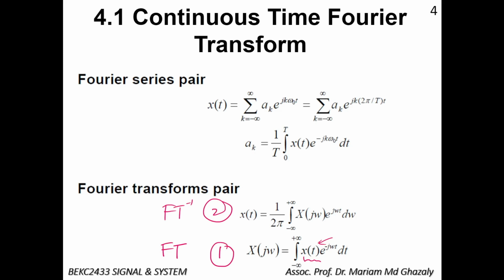It's given by the integration from minus infinity to infinity of x(t), whatever value you have, a constant value or random value, inserted here, times e to the minus j omega t dt. The difference from the Fourier series pair is that you have k. For Fourier transform we don't have that because you are not going to find the Fourier series coefficient. We're going to directly use this equation.